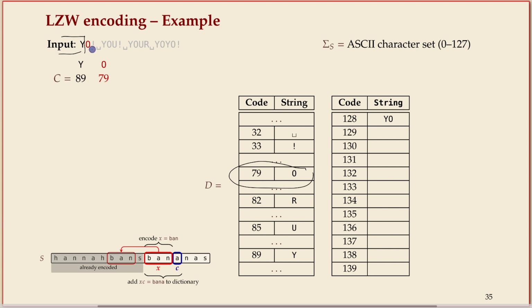We take O and the next character and stick that as a new phrase into the dictionary. All right? One more time, we have the same situation. It's a single character. We haven't seen anything bigger or longer. So we take the code word that represents the exclamation mark, put that as part of our coded text, but we also have to add a new phrase to the dictionary, namely what we've had plus one more character.